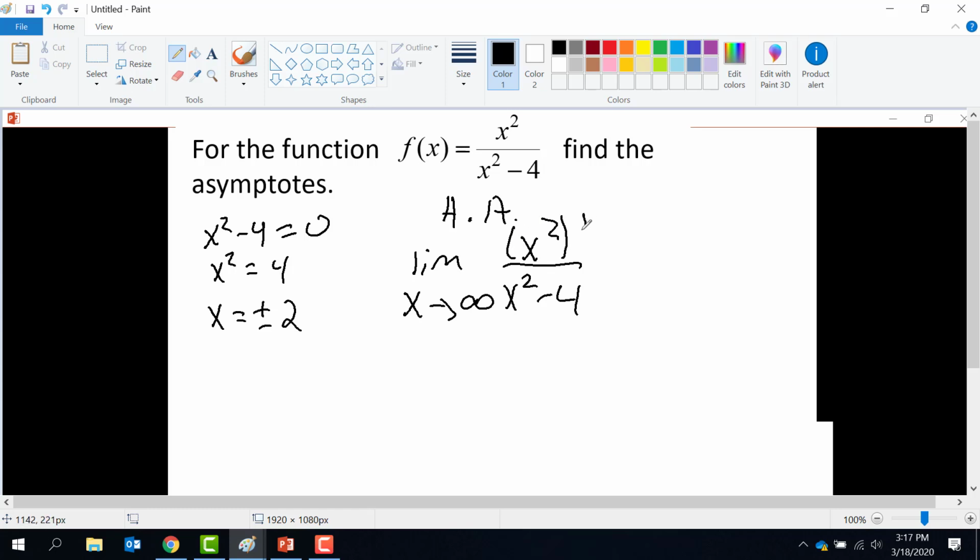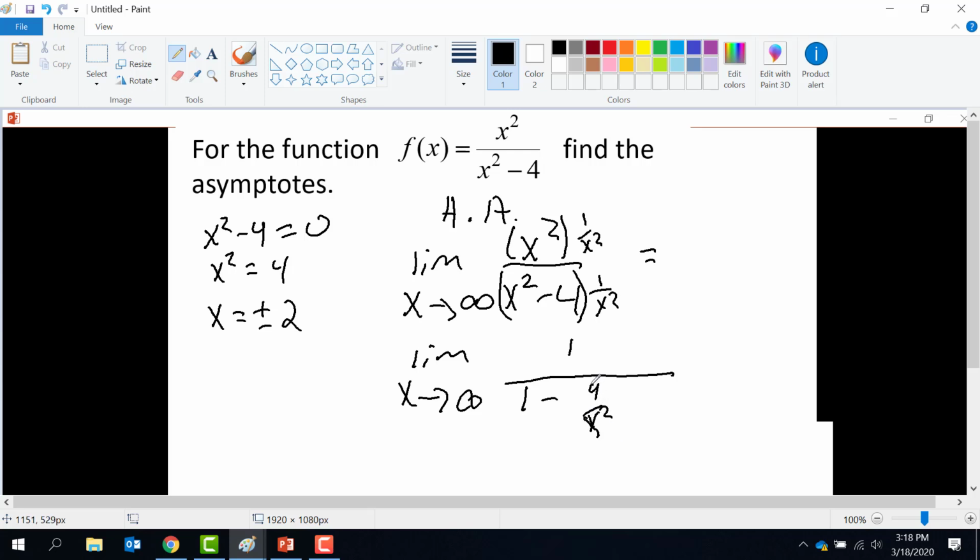If we multiply the numerator and denominator by 1 over x squared, 1 over the largest power in the denominator, then we rewrite the expression in a form that makes it easier to see what's going on as x increases without bound. And so what we get is 1 over 1 minus 4 over x squared. And you see then that this term right here goes to 0. And so then the other terms stay at 1, and your answer is 1. So your horizontal asymptote is y equals 1.